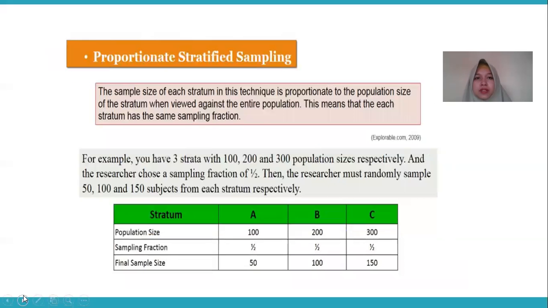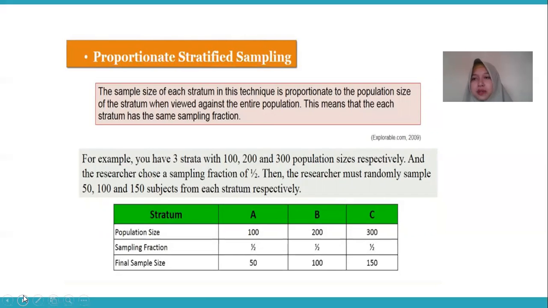Well, there are two kinds of this technique. The first one is proportionate stratified sampling. The sample size of each stratum in this technique is proportionate to the population size of the stratum when viewed against the entire population.